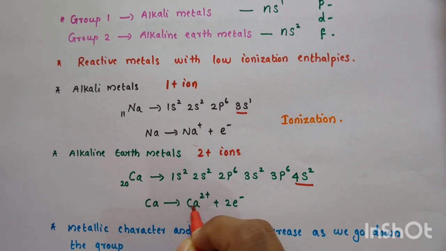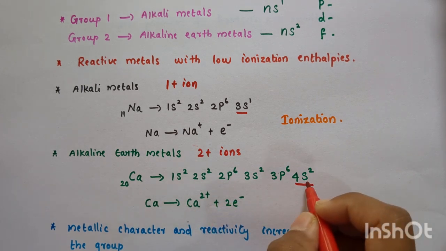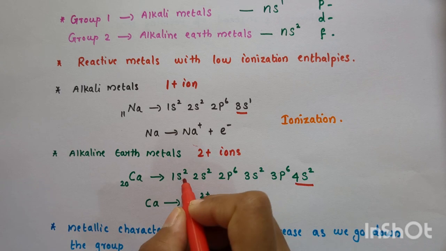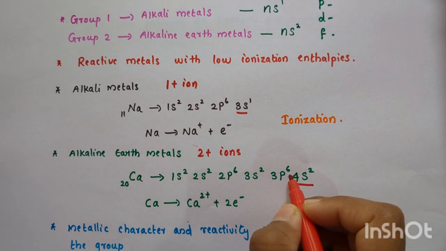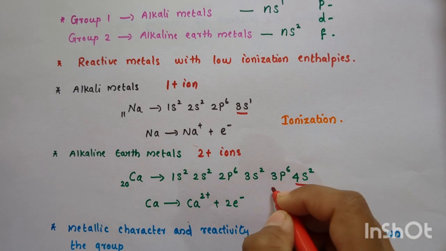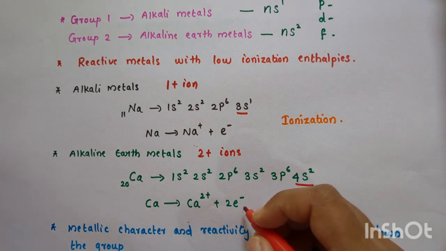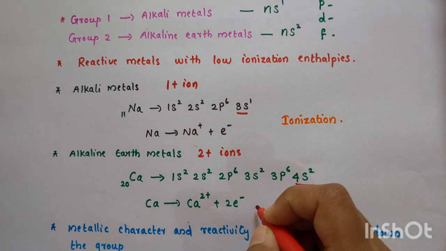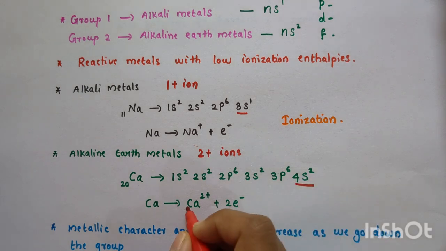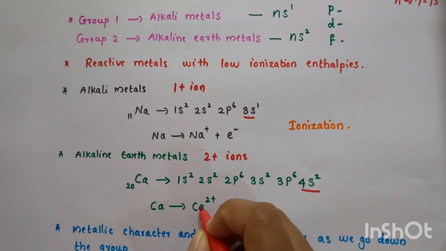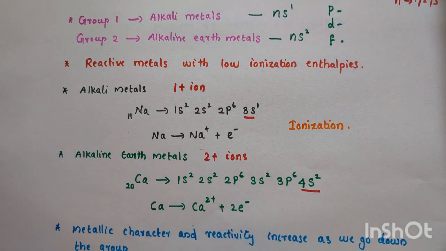It will have a stable noble gas configuration after this process. That is, when 2 electrons are lost from the outermost energy level, the total number of electrons will be 18, which is a stable noble gas configuration.